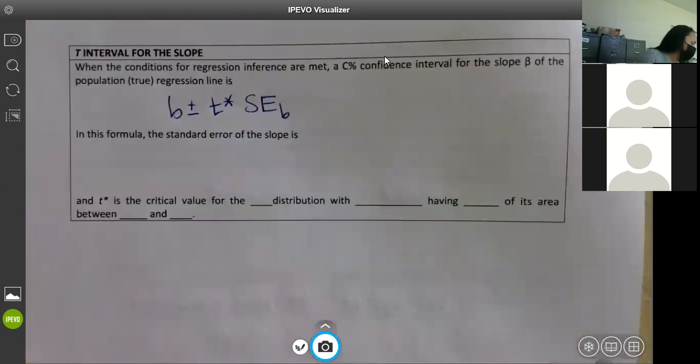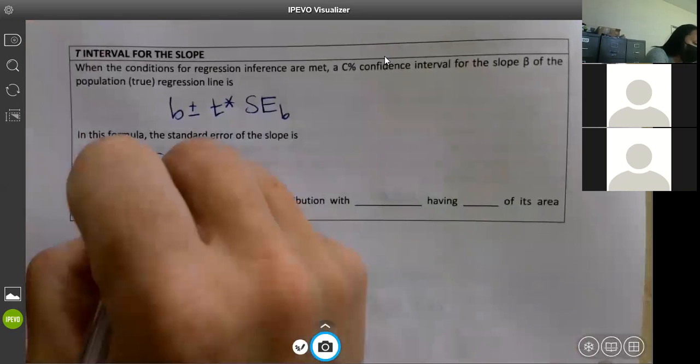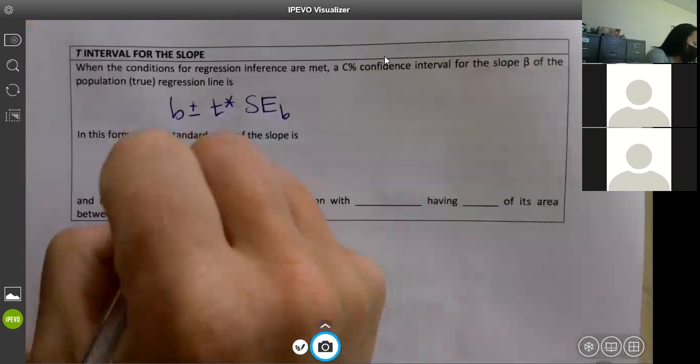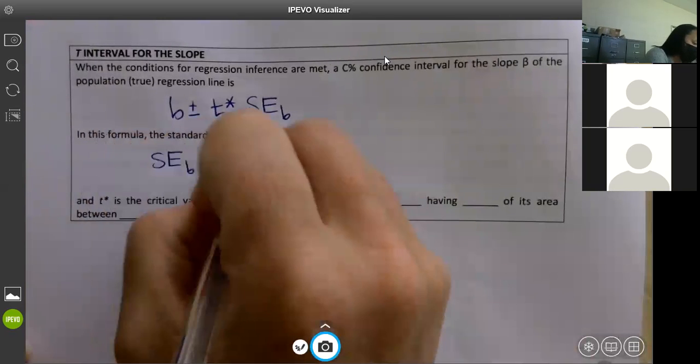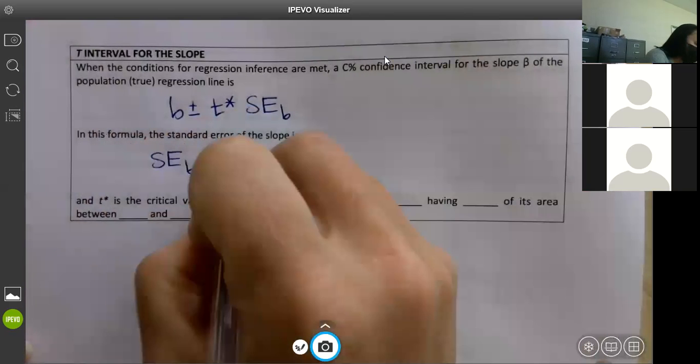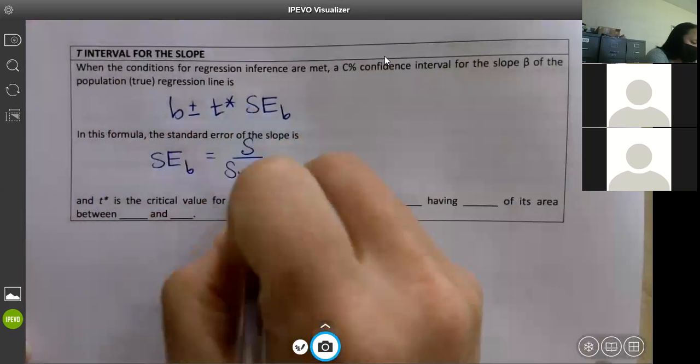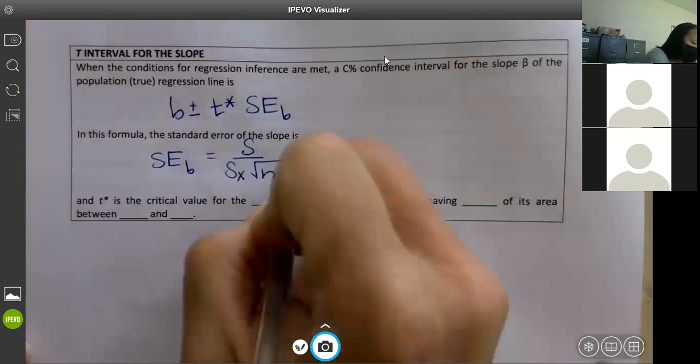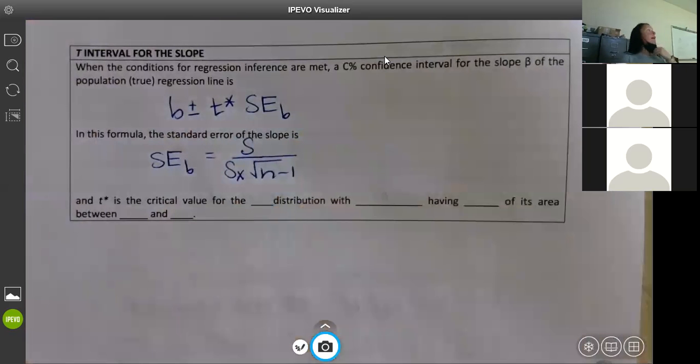In this formula, the standard error of the slope is the sample standard deviation over square root n minus 1. In all the work that I have today, you do not use these formulas.